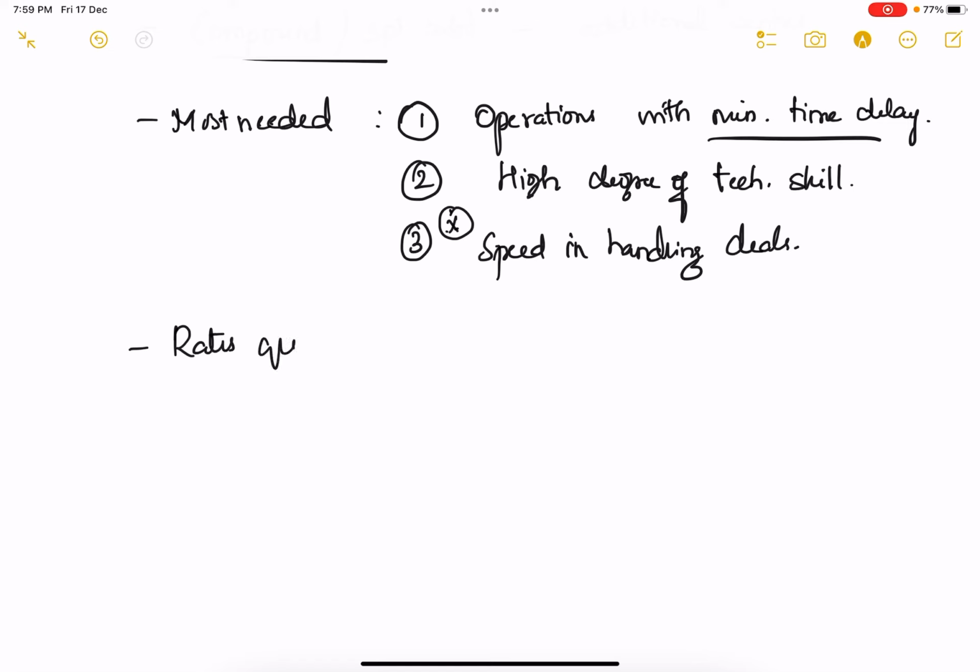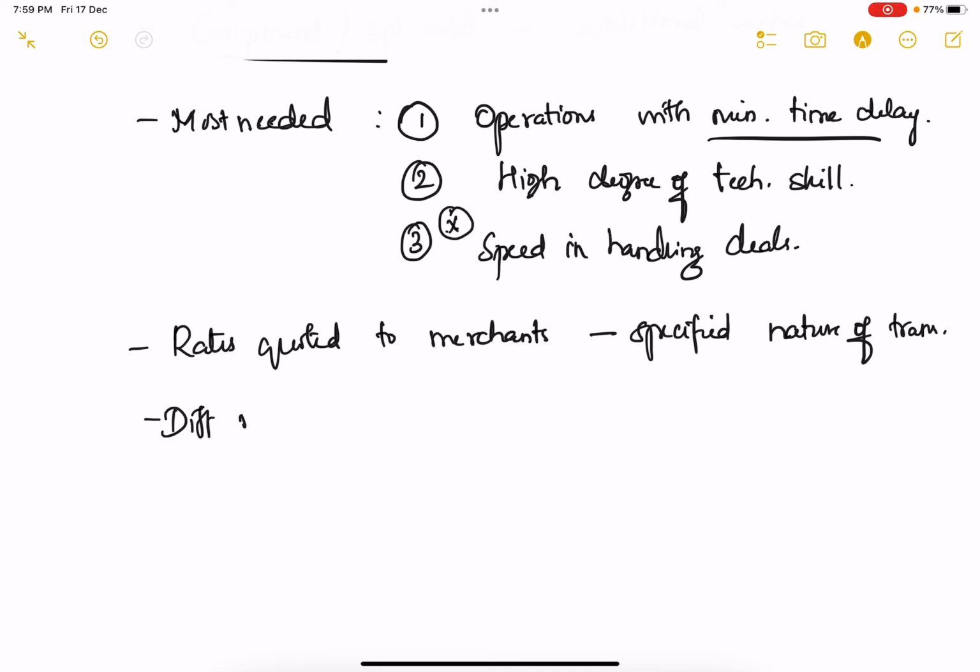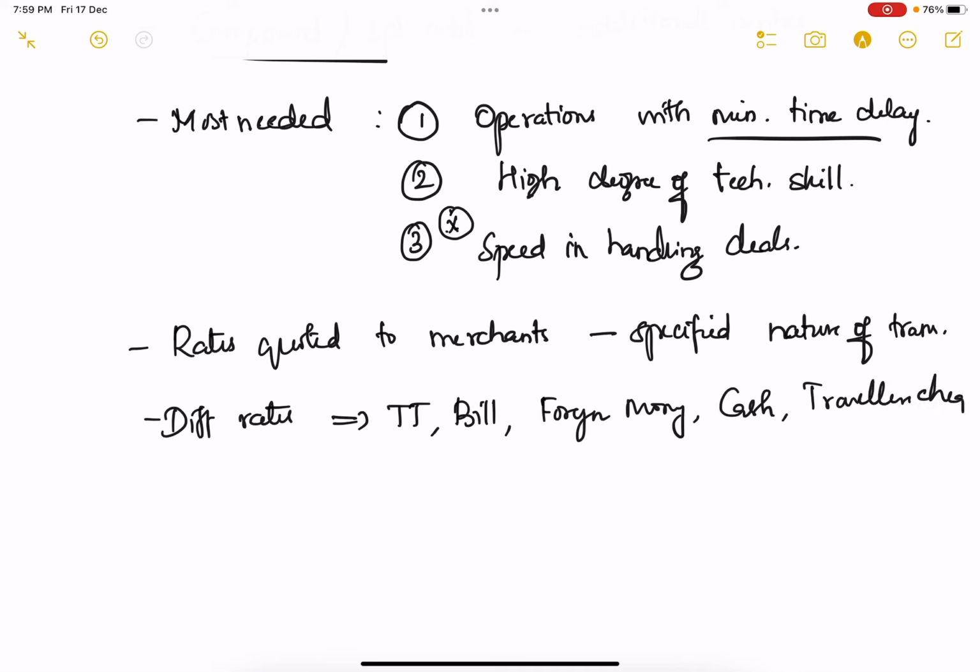Now, for the rates quoted to merchants, that is individual retail clients, the rate is specified by the nature of the transaction. That is, different rates could be applied for telegraphic transfers, bill transactions, foreign money transactions, cash transactions, traveler's checks, or even personal checks.